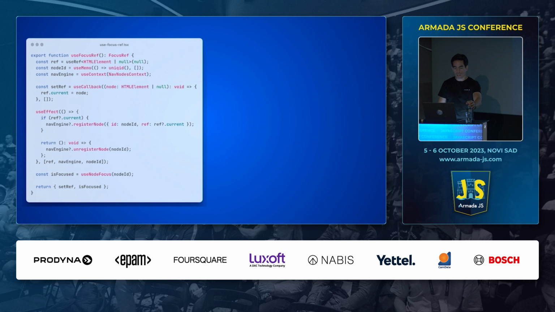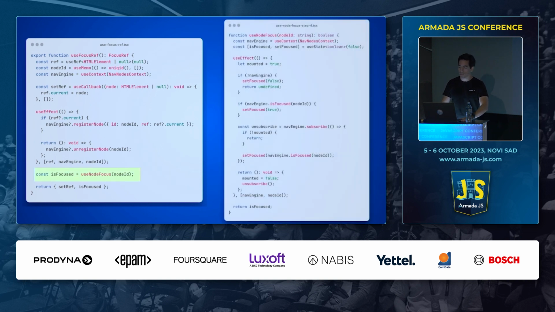We go back to our hook function, the use focus ref. We remove the hard-coded value that we have with another hook function called use node focus, where we have a local state. It's a Boolean that tells you whether that node is focused or not. And with the help of a use effect function, whenever the component is mounted, first we check if that component is already focused, and then we subscribe.